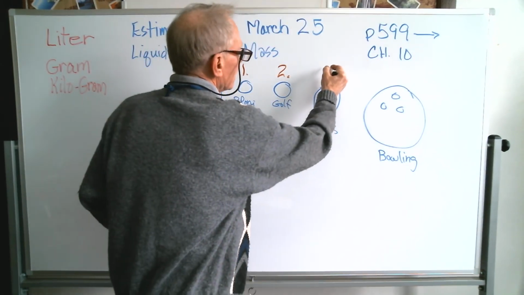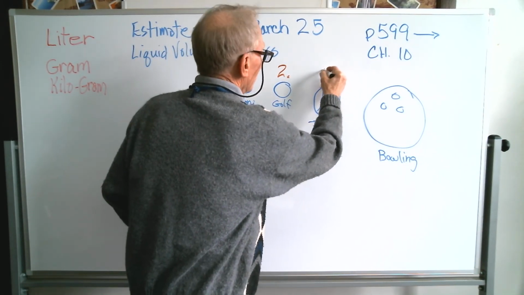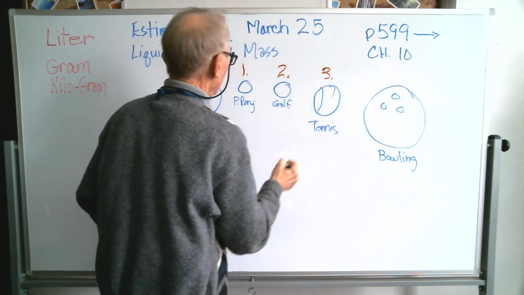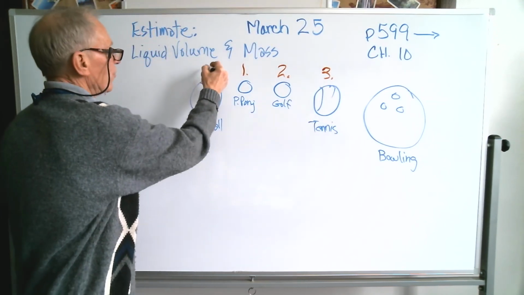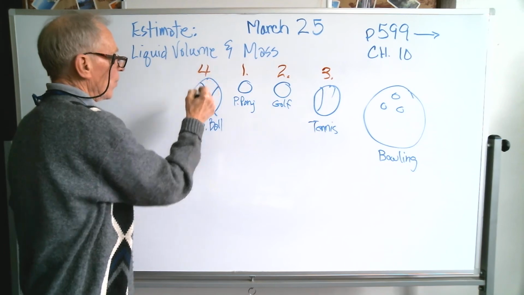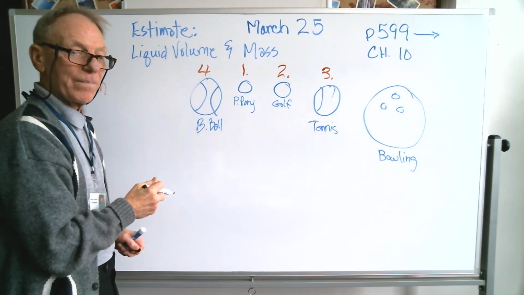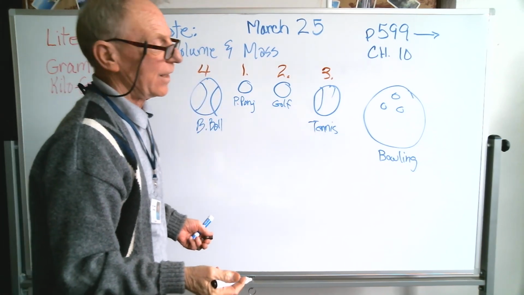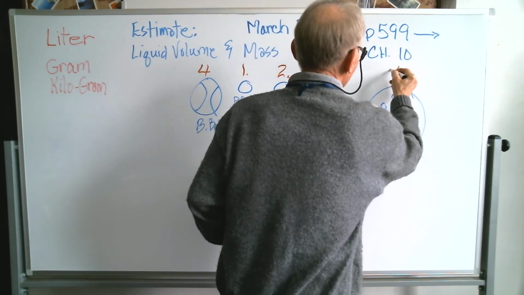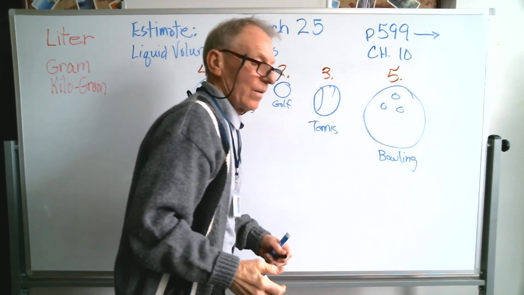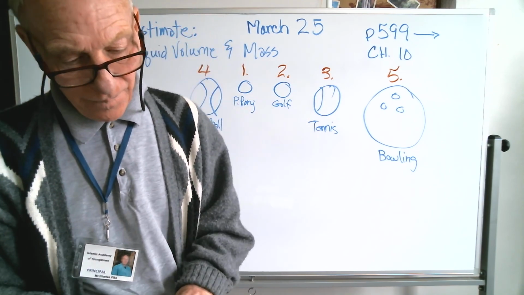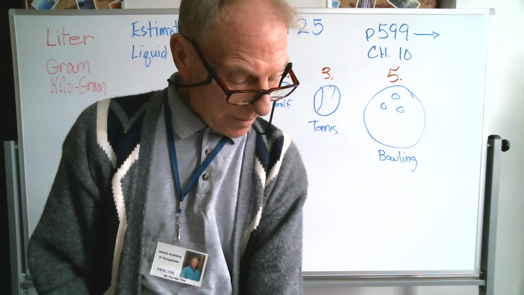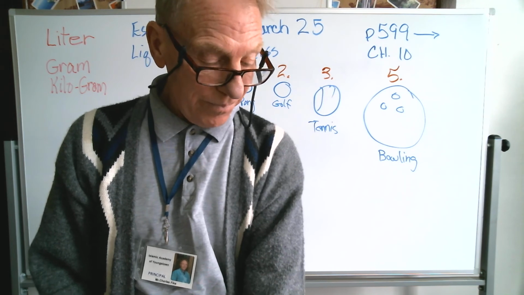So let's go with the tennis ball for number 3. Then the next heaviest thing that I would imagine would be the bowling ball or the baseball, and obviously the most massive thing would be the bowling ball. So that's problem 11 on page 608.